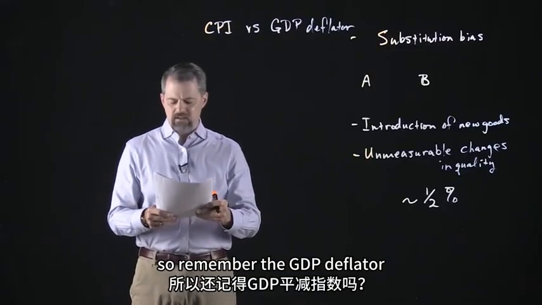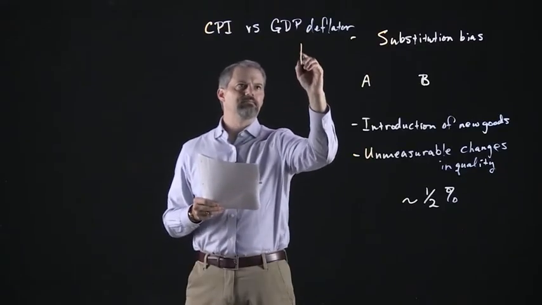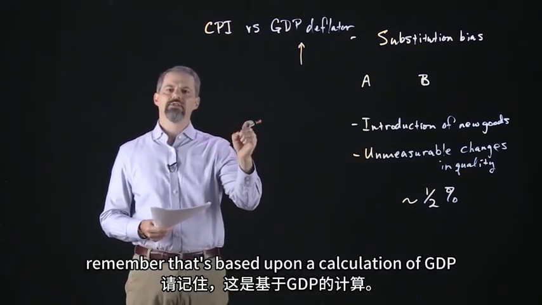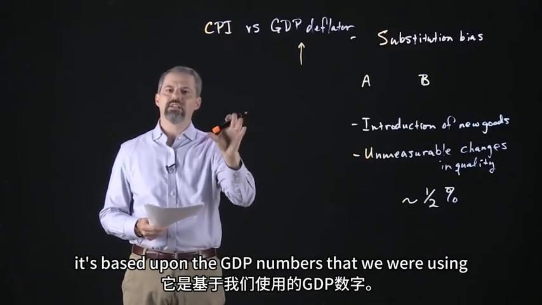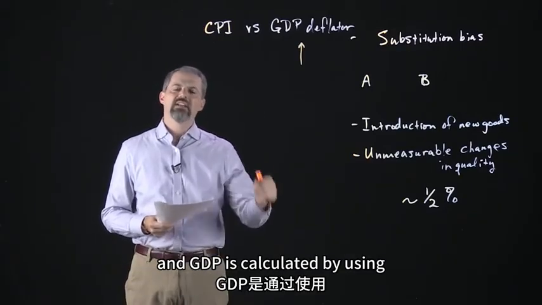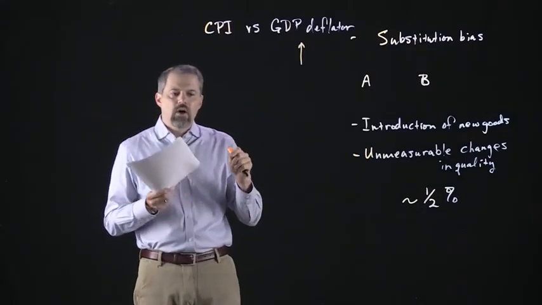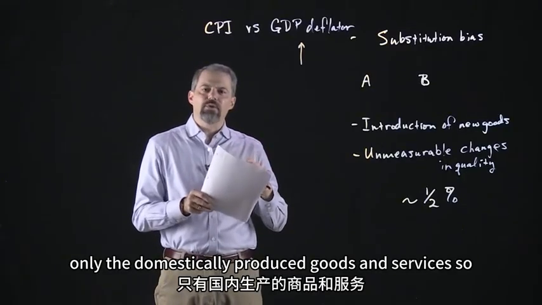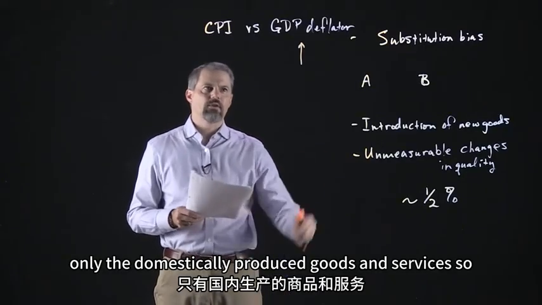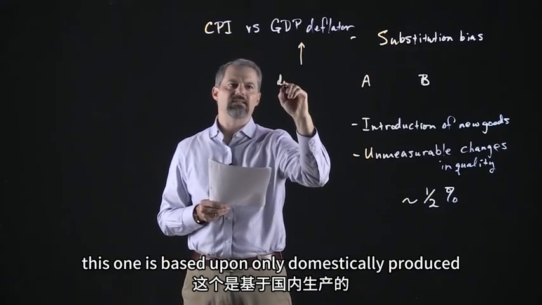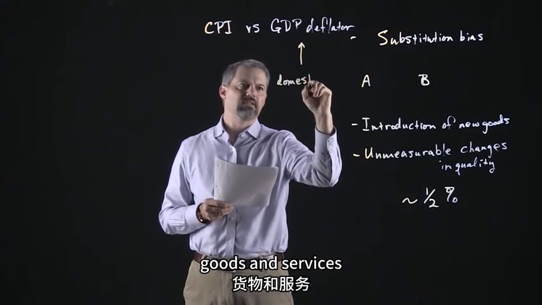So remember the GDP deflator. That's based upon a calculation of GDP, the GDP numbers that we were using. And GDP is calculated by using only the domestically produced goods and services.